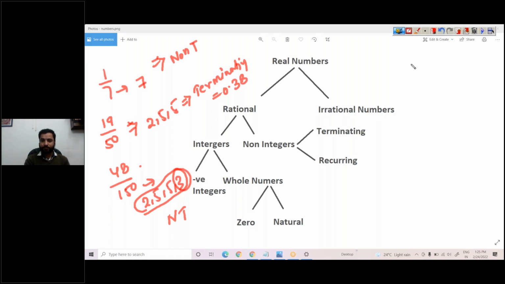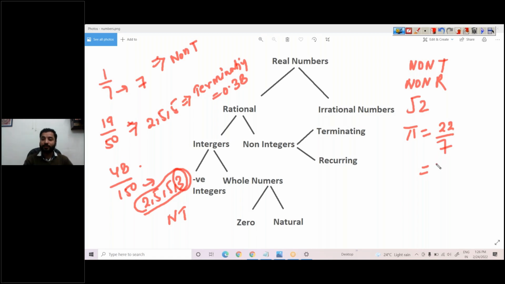Then next we have irrational numbers. Irrational numbers are non-terminating and non-recurring. For example, I think time is about to complete, so I will conclude as soon as possible. I'm taking one example, pi. Pi can be written as 22 by 7, but still it is not a rational number because it is not the exact solution.